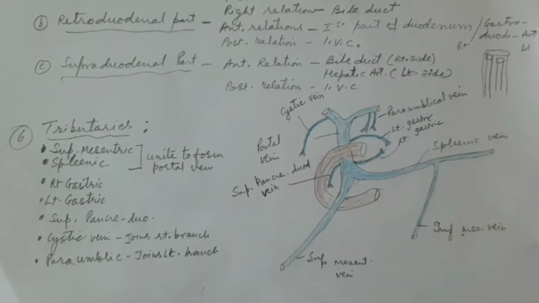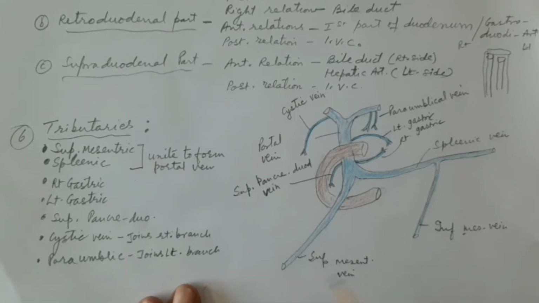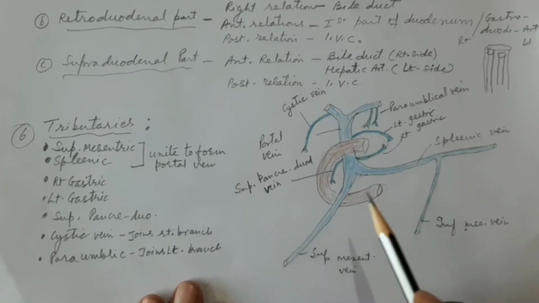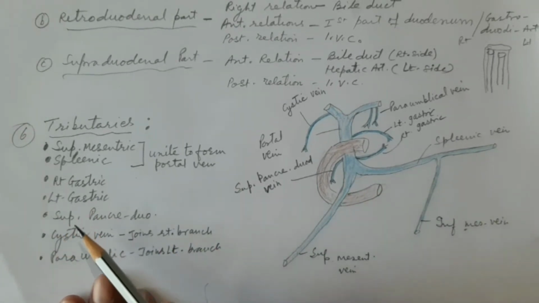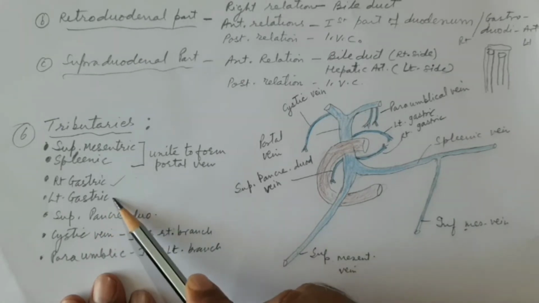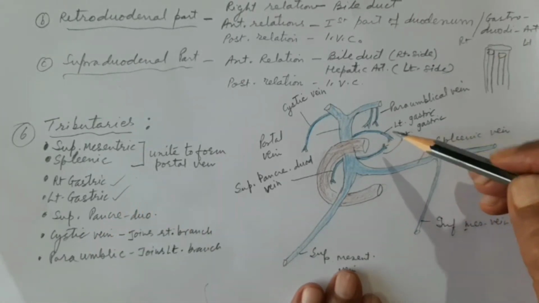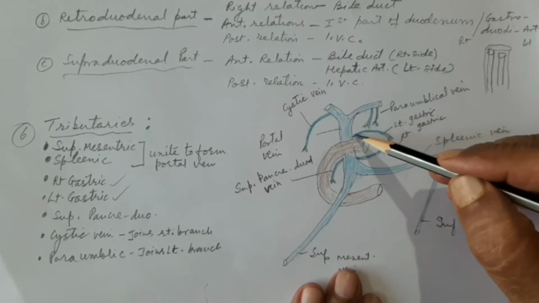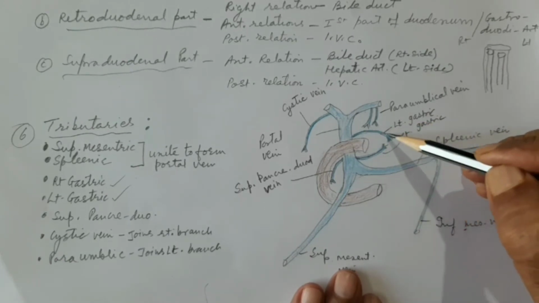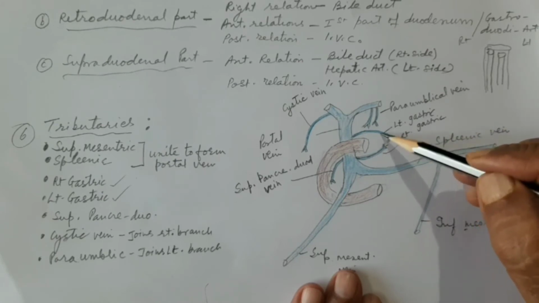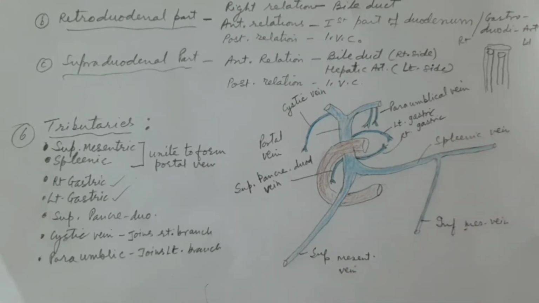Those are the tributaries which have formed the portal vein. Then the real tributaries which open directly into the portal vein are the right gastric and the left gastric. Let us see here on the left side: this is the left gastric and this is the right gastric vein, which lie at the lesser curvature of the stomach.